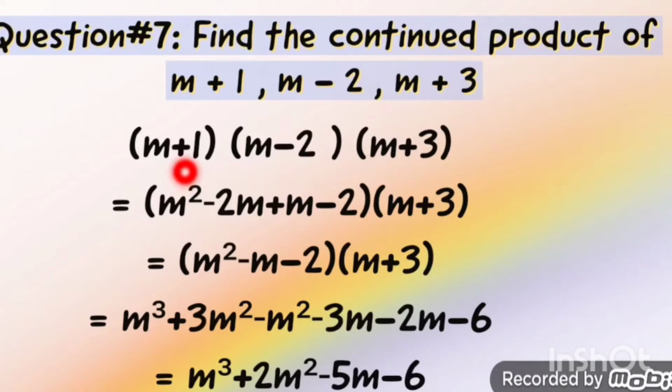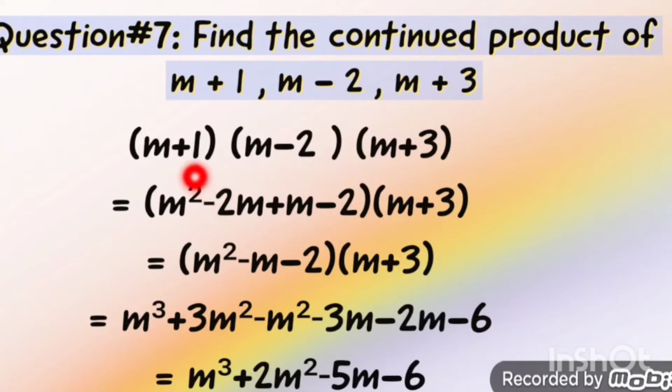Now we will multiply m plus 1 with m minus 2. To multiply these two polynomials, first we take m and then we will multiply it with both terms of this second polynomial. M multiplied by m will be m square. M multiplied by minus 2 will be minus 2m.